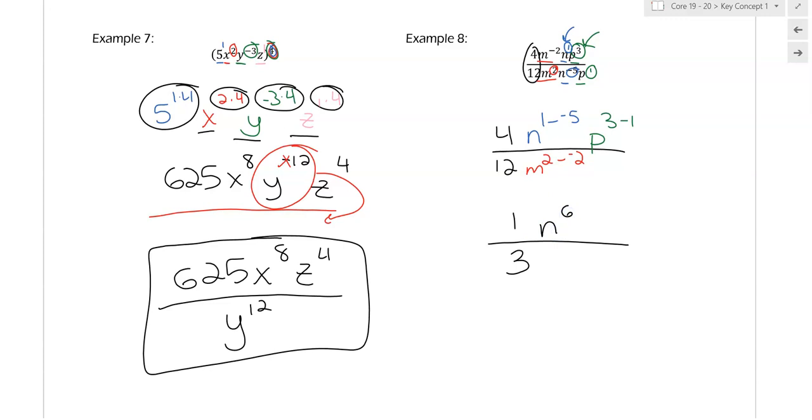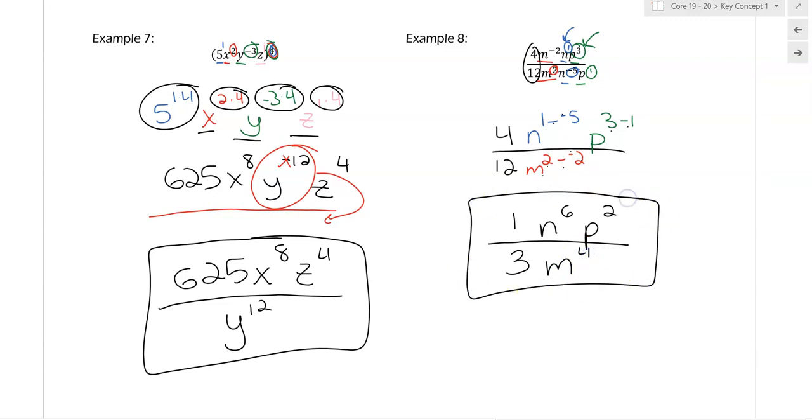Again, be careful: you should have a minus and a negative in your calculator. And then p, 3 minus 1 is 2. M, 2 minus negative 2 is 4. And there is our answer. And that is it.